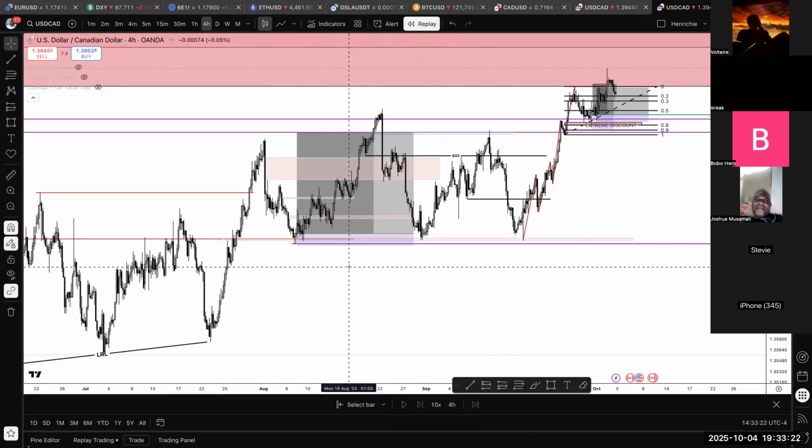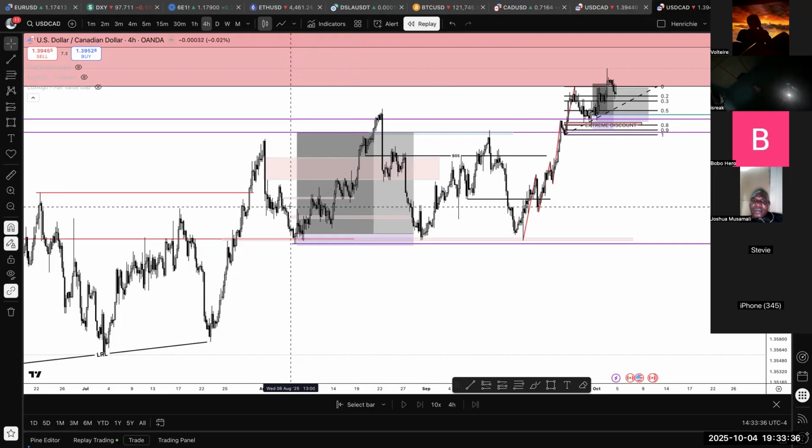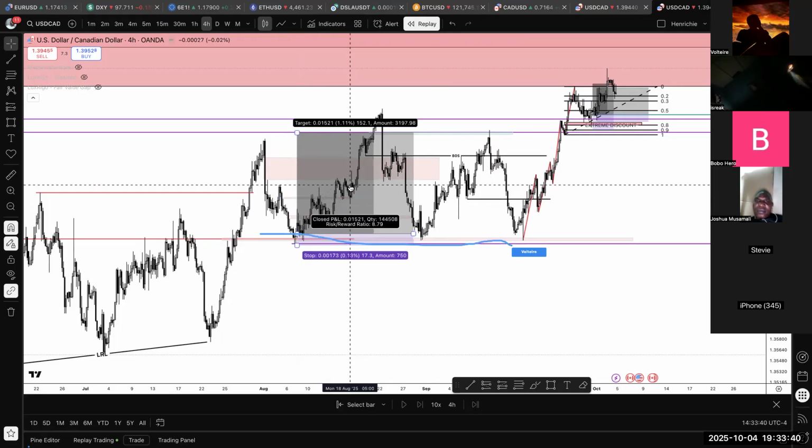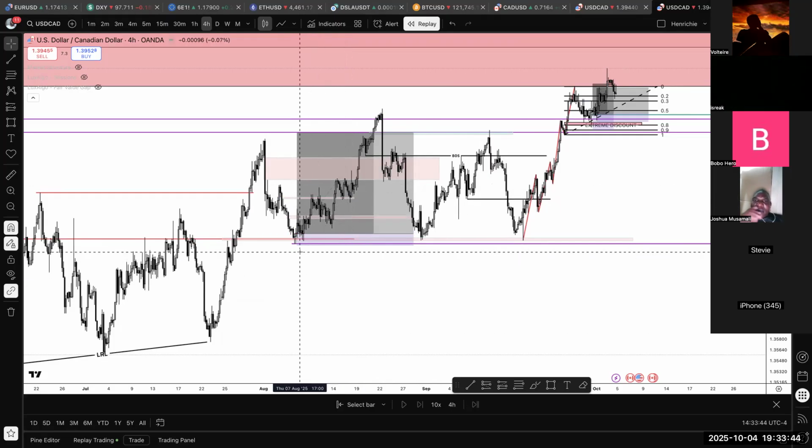What I've also realized is that the inefficiency that was used as support to the upside, the first one, this one, acted like support and price was bouncing up and down from there.